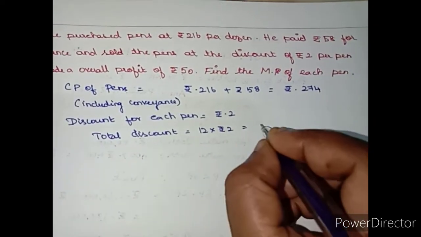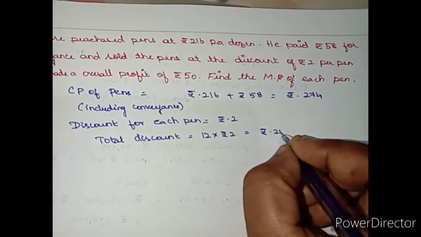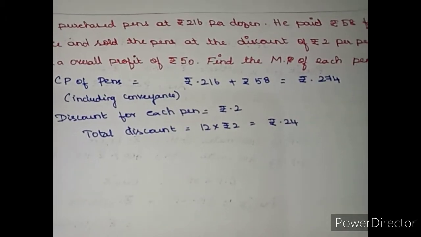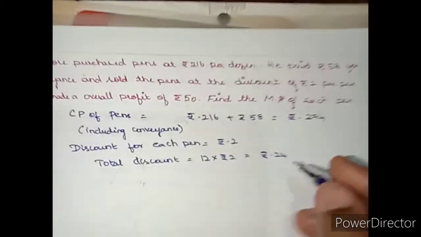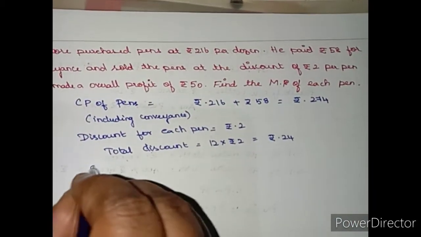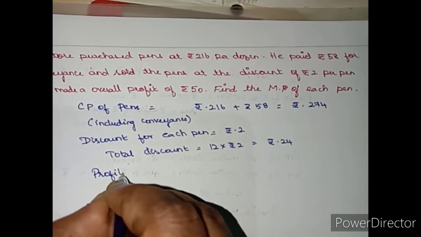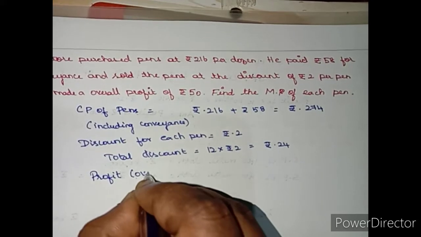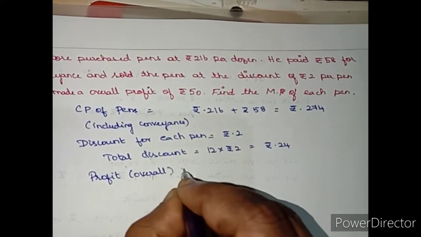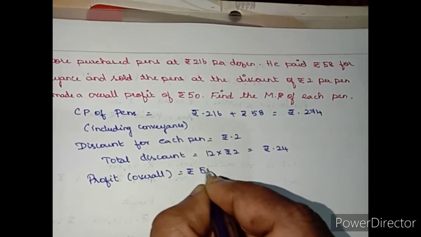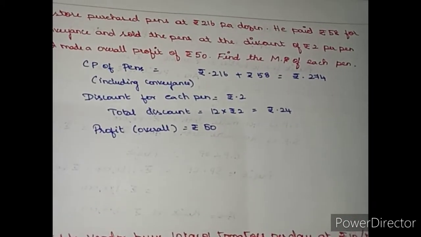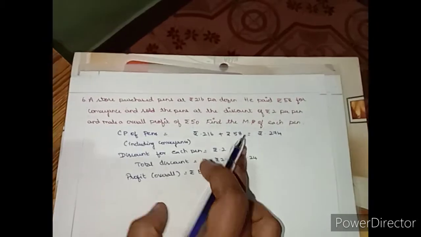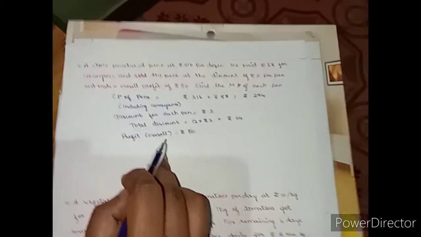It is rupees 24 as discount. Okay. So next thing, and profit he has got. Overall profit is rupees 50. Okay. Next is, so to find the MP, first we need to find the SP also.